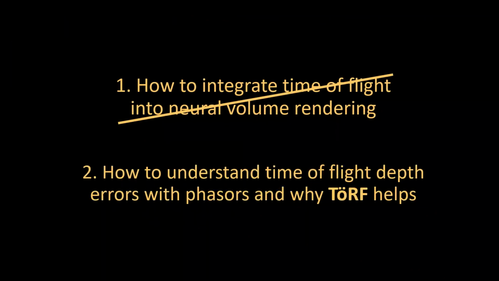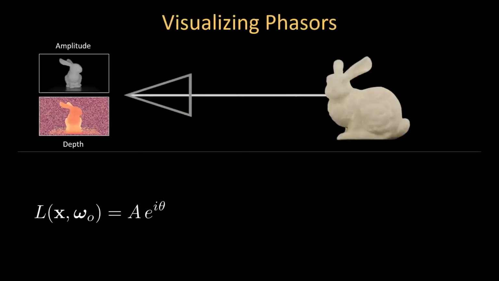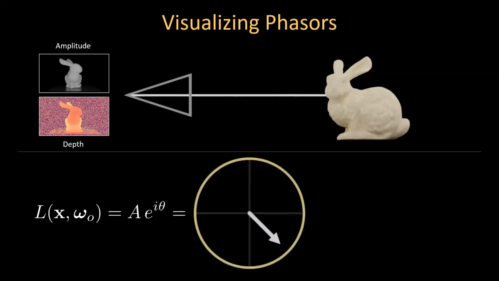So now we have to understand why this helps. This is the model. Why does this help? Let's look at one of these phases, again, using Euler's form, using our notation of a circle, a vector in the real complex plane. On the left-hand side, you see the amplitude and the depth, and here's our Stanford bunny that's going to move back and forth, and we're going to see what happens to the phasor.